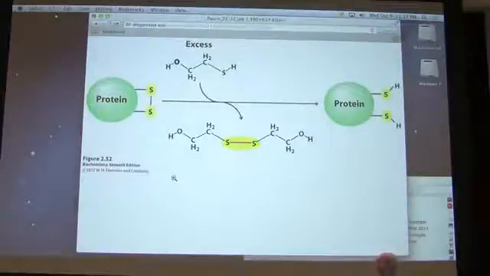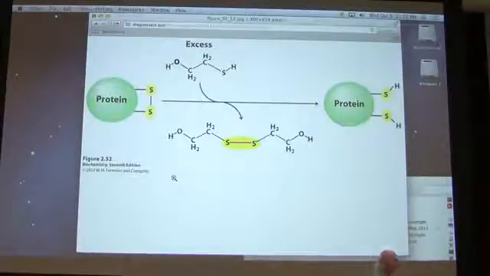Basically what happens in this reaction is they swap places. This guy, which has an SH, becomes a disulfide bond, and this guy, which was a disulfide bond, becomes 2 SHs. That's possible because this guy is a reducing agent, meaning that it's donating electrons and protons to make possible the formation of the disulfide bonds.